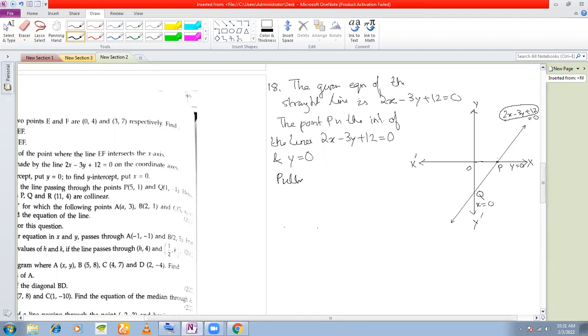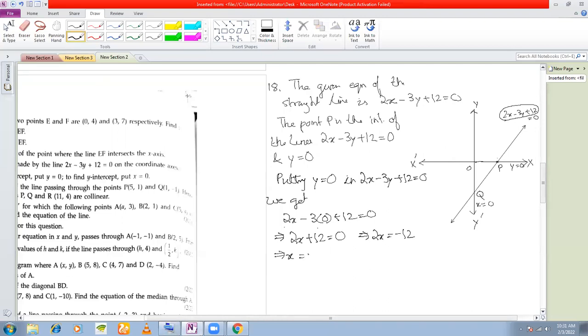So putting y is equal to 0 in 2x minus 3y plus 12 is equal to 0, we get 2x minus 3 into 0 plus 12 is equal to 0. So you get 2x plus 12 is equal to 0. That means you get 2x is equal to minus 12. That means x must be equal to minus 12 by 2, which is equal to minus 6, right?